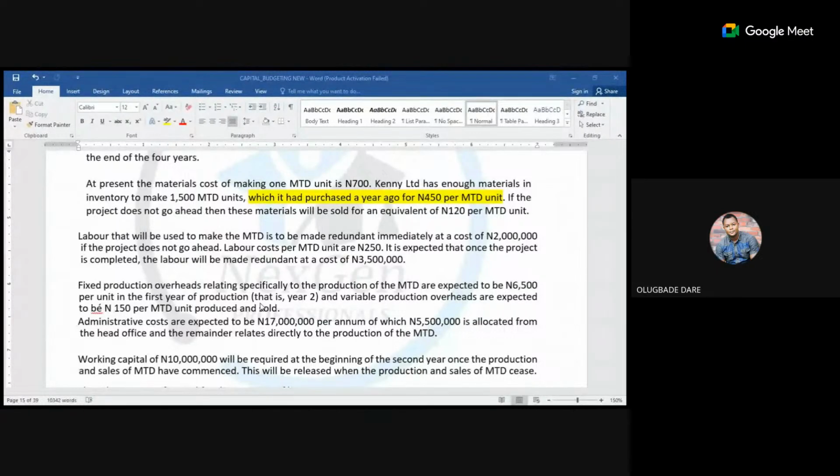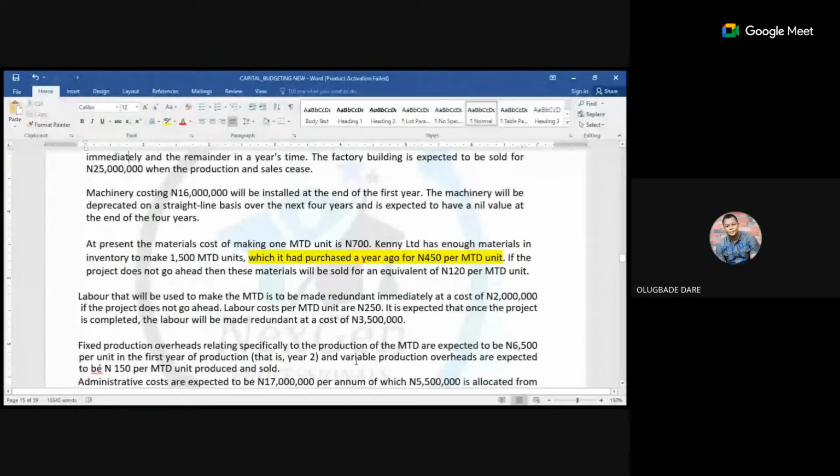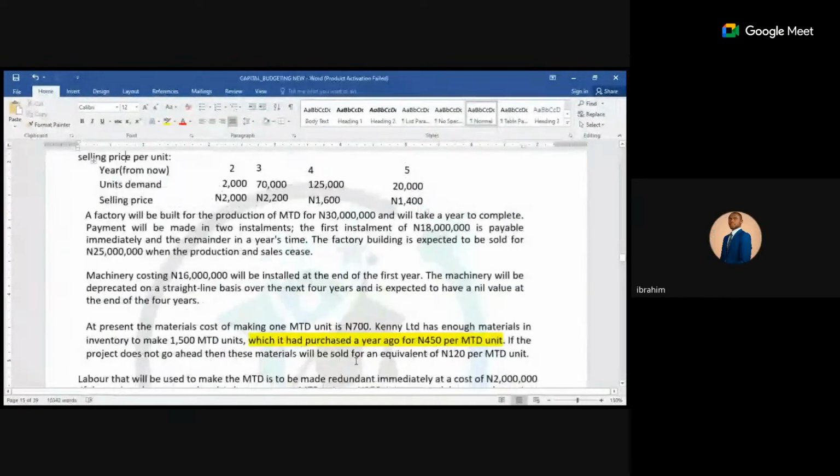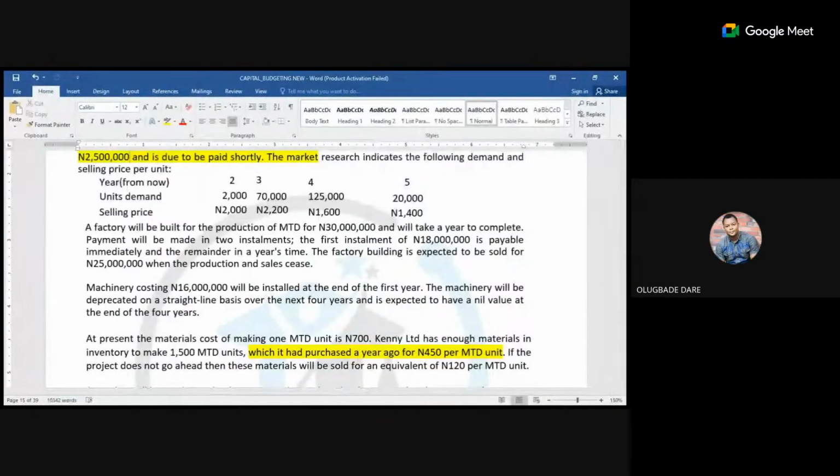When they say per unit, you will want to apply it all through. I will now start saying 6,500 times 2,000 units in year one. But fixed cost does not vary or change according to unit demand.